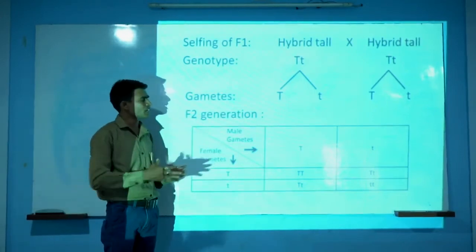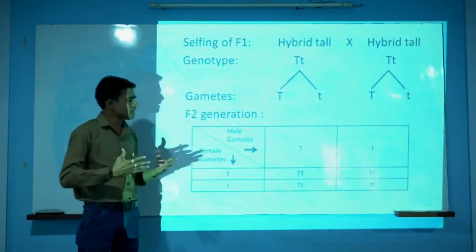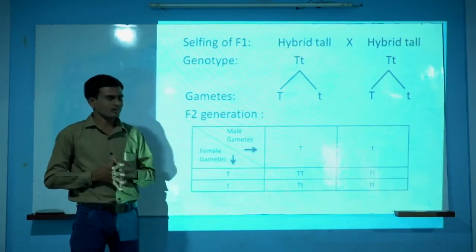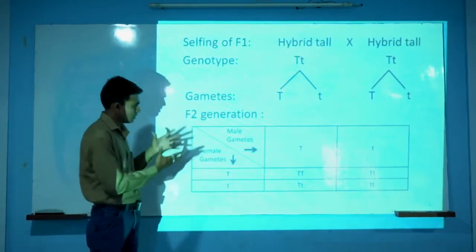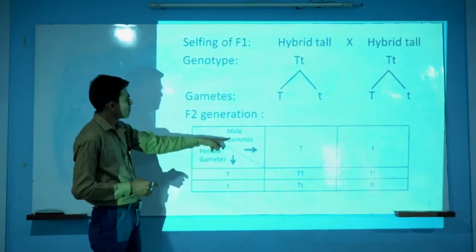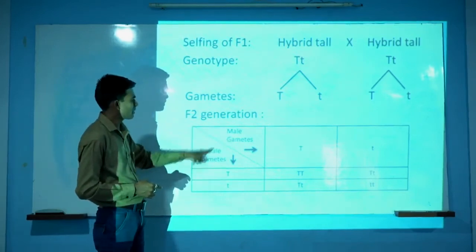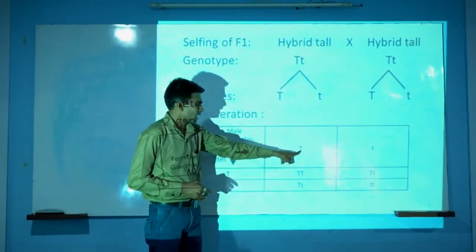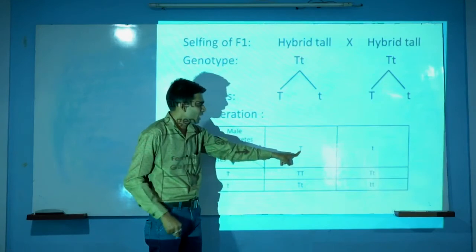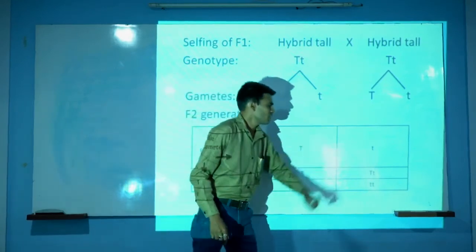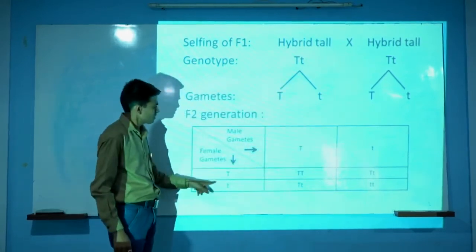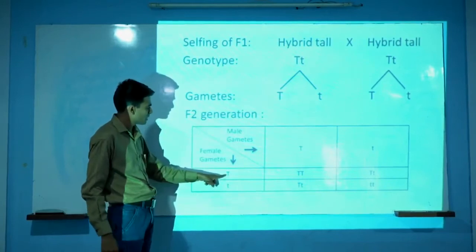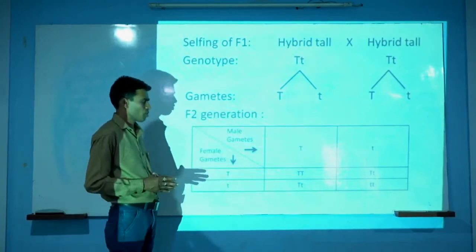So this second generation is explained by the Punnett square. This is the table we show, with male gametes and female gametes. The male gamete produces gametes having capital T and small t.